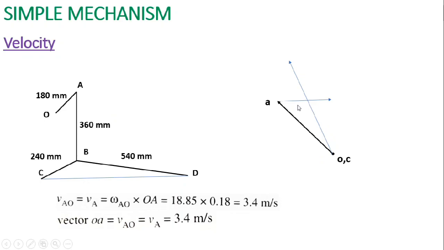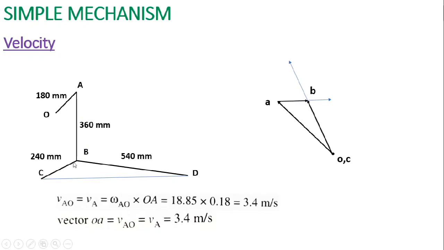So now both these vectors are intersecting at this point. So here we get these two vectors, that is AB and BC. So that will determine the velocity of these two links. You can just measure these lengths and determine the velocity.